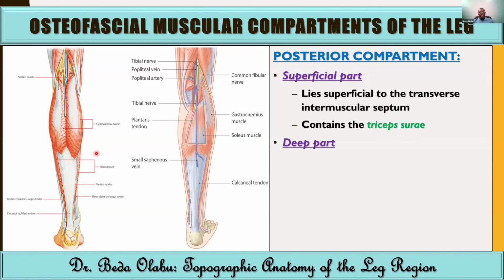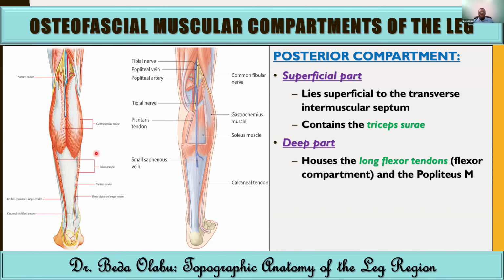Now, let's talk about the deep parts of the posterior compartment. The deep compartment of the posterior leg compartment houses the long flexor tendons. And for this reason, we usually call the posterior compartment of the leg the flexor compartment.